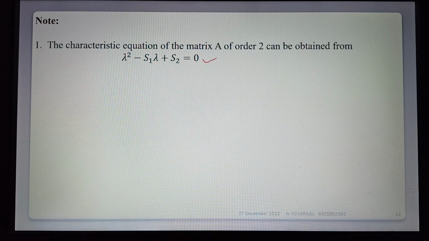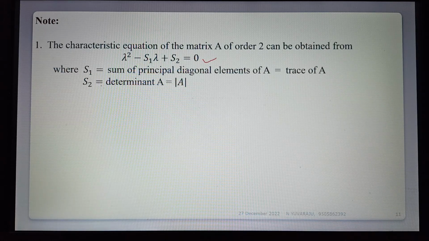This is another method, the shortcut method, for finding the characteristic equation, that is the eigen equation, of a given matrix, only for a 2 by 2 matrix. So we find S1 and S2 and substitute them in that equation to get the characteristic equation. Here S1 is the sum of the principal diagonal elements of A, that is trace of A. Next S2 is the determinant of A. Substituting both here, we get the characteristic equation. This is only for a 2 by 2 matrix.